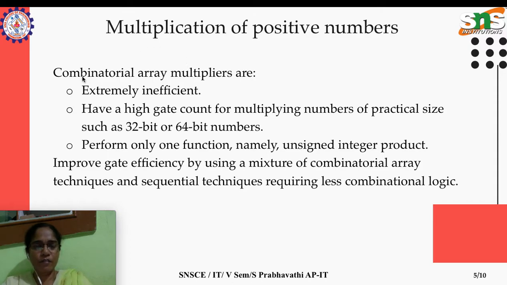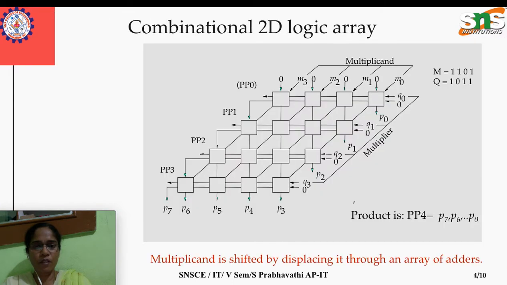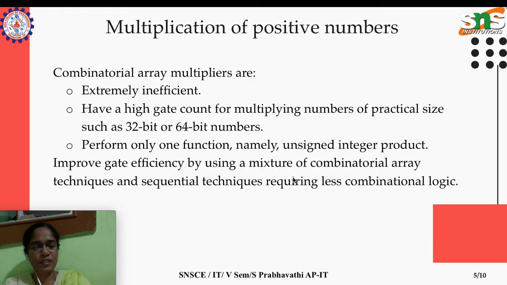The drawback of this combinational two-dimensional logic array is that it is extremely inefficient. Inefficient in the sense it takes n number of gates, is it not? So look here, for 4-bit multiplication itself, it took 16 full adders. Each and every full adder has an AND gate also, is it not?